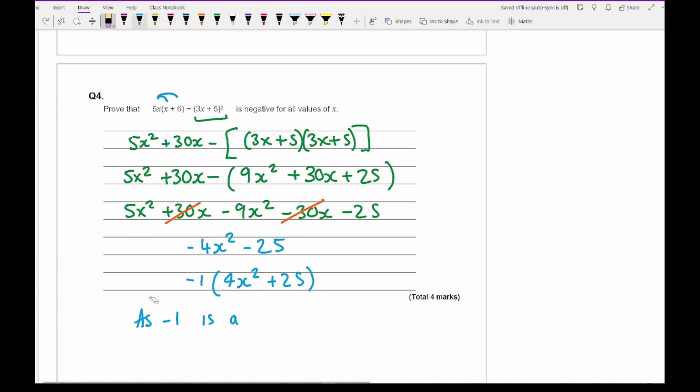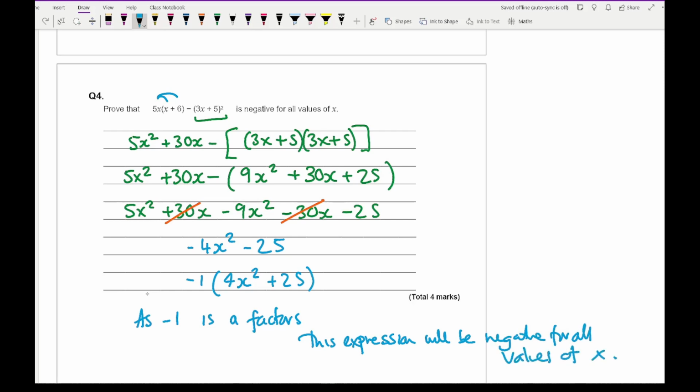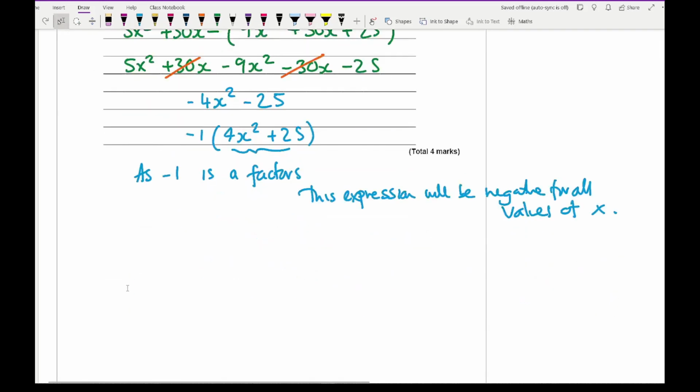So as minus 1 is a factor, this expression will be negative for all values of x. Because what you could then say is that the thing that's in the brackets is always going to be greater than 0, and so therefore a positive number multiplied by minus 1 will always give you a negative answer. So something along those lines, just to reaffirm, would be absolutely fine.